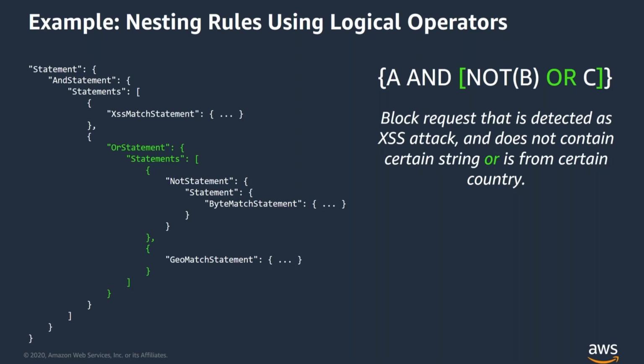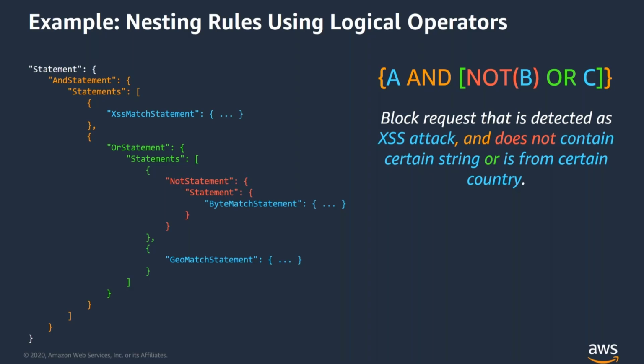So here it will perform either the NOT byte match statement or the geo match statement. In blue, we have individual rules that we input around the logical statement. Combining all this together, you can see the full logic represented in different colors.